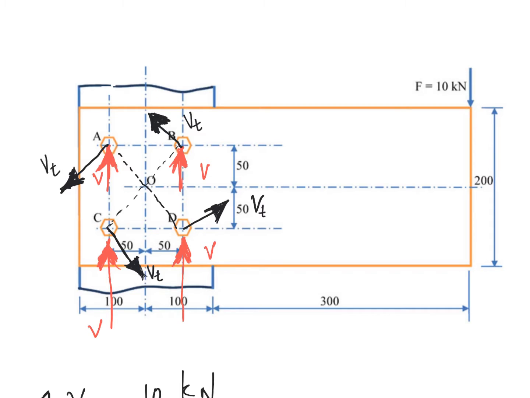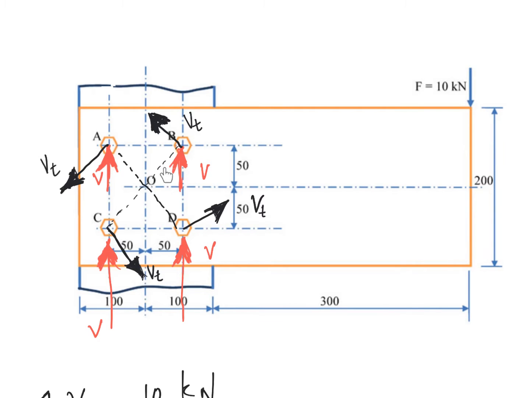Vt is again a shear force acting on the bolts, but look at the figure carefully, and you can see Vt is orthogonal to these lines. These lines are connecting the diagonally opposite bolts. So Vt is perpendicular to that. Now what does Vt do? If you look at these two forces, they form a couple in the counterclockwise direction.